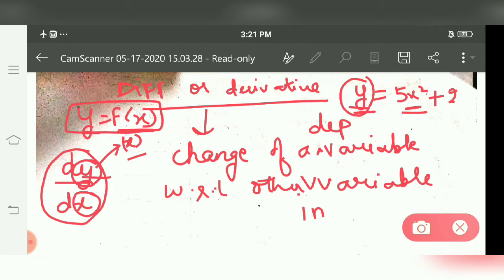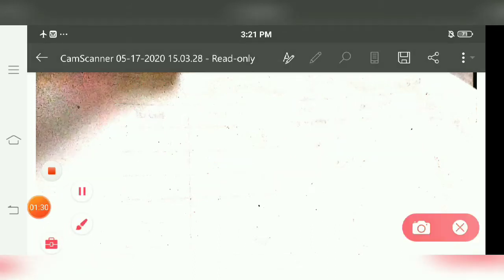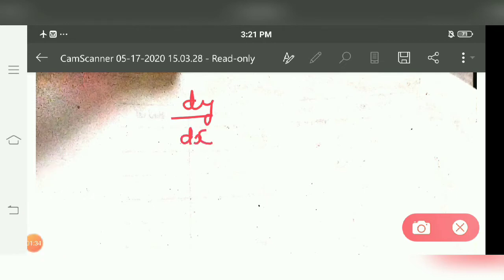So if we want to find out what change is occurring in y with respect to x, then we can write it as dy by dx. So the symbol of differentiation is dy by dx.